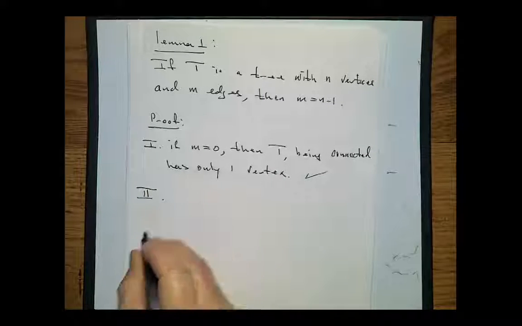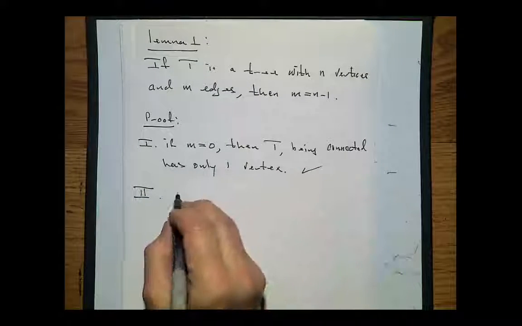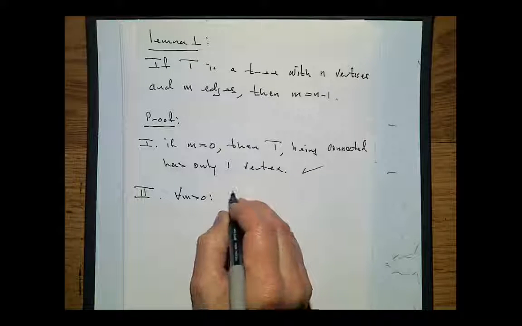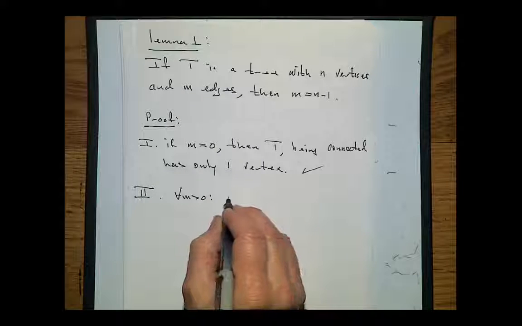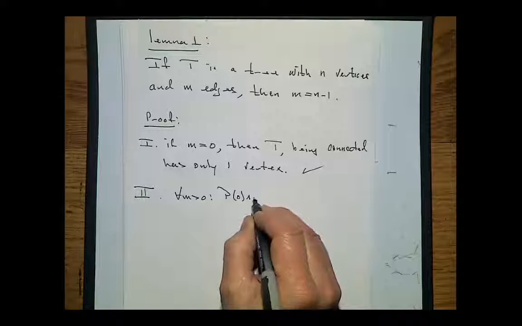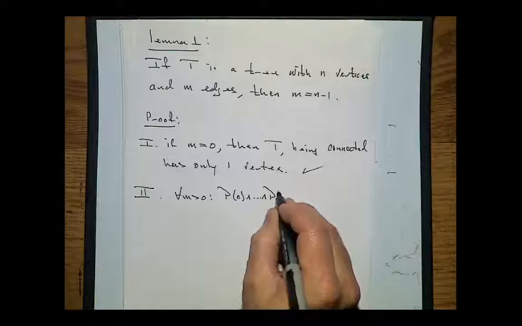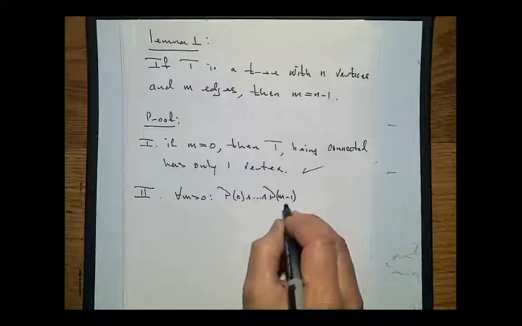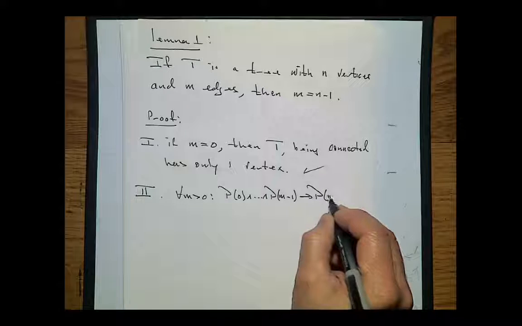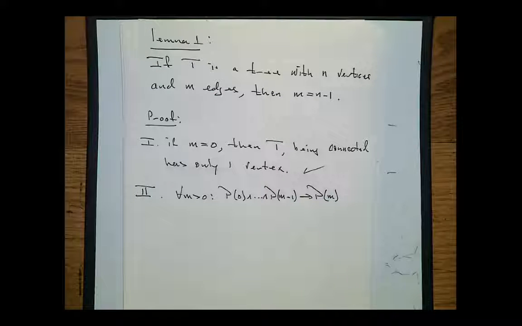Okay, so step 2. Remember the script now. We're supposed to show for all m greater than 0, if P of 0 up to P of m minus 1 are all true, then P of m is true. This is the strong induction hypothesis.